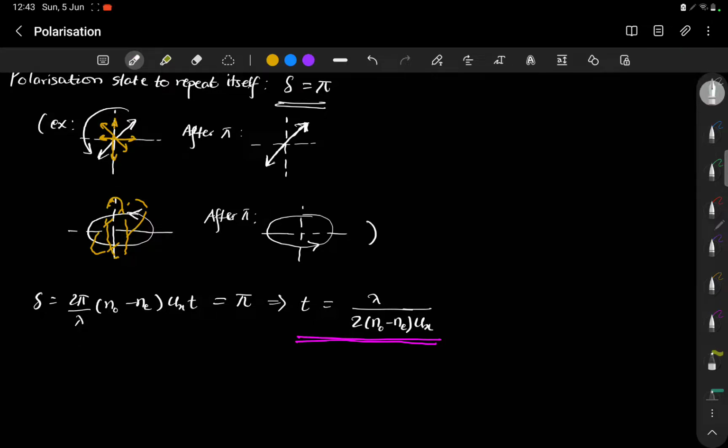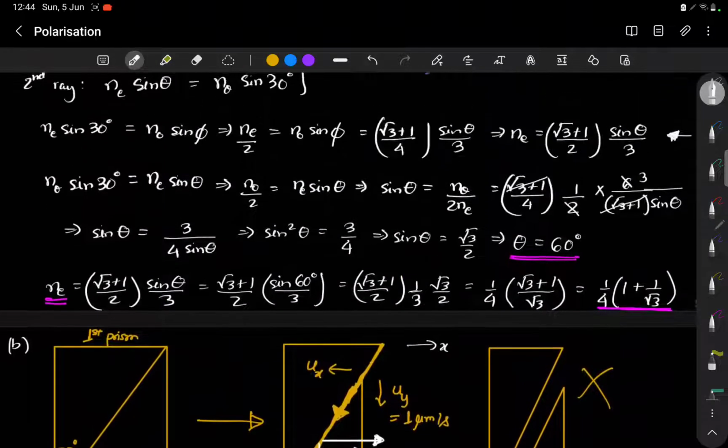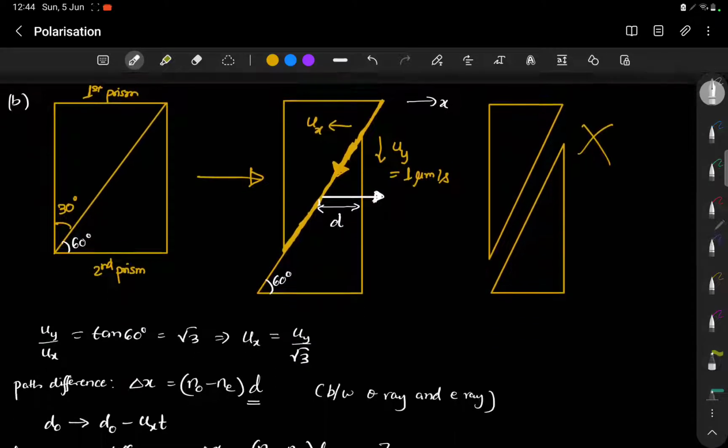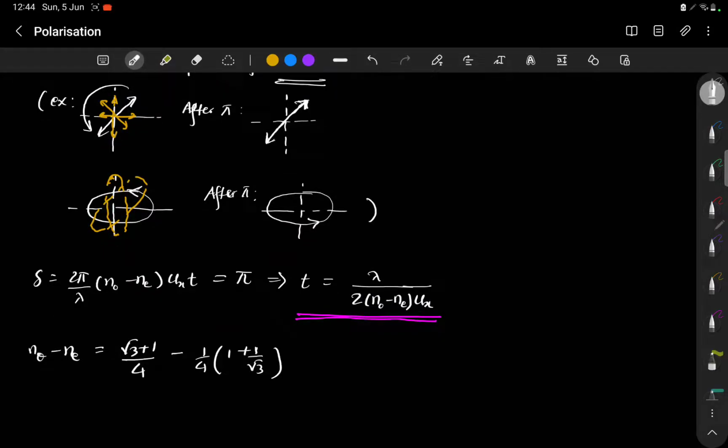So let us first find out NO minus NE. So NO, we are given, is root 3 plus 1 over 4. NE we found out in the first part A. So NE was this. We had found out NE in the first part. Just to recap, here NE is 1 by 4 into 1 plus 1 over root 3. So this is NE.